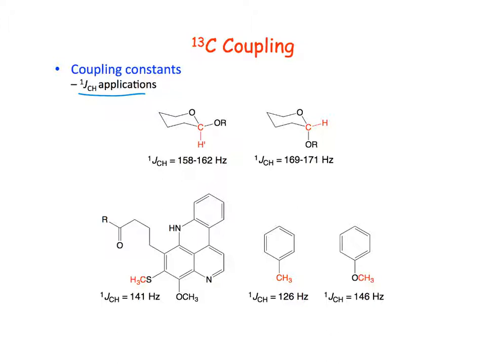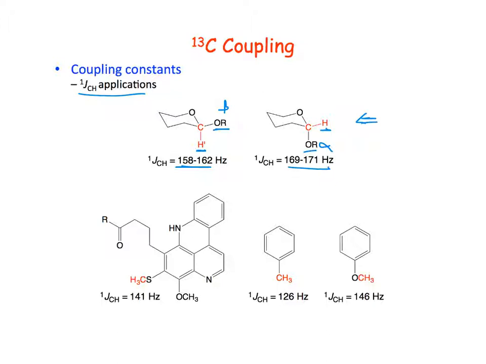So, for example, if these were sugars and we had two different anomers, where the alcohol on the anomeric position is either beta versus alpha, the size of the one-bond coupling constant for the proton changes. It's a little bit lower if that carbon-hydrogen bond is axial than if it's equatorial.